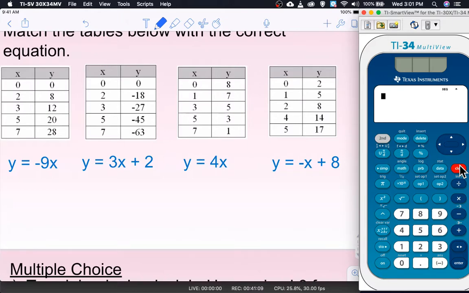So here's what I want you to do. I want you to pause the video and try to see if you can match up an equation with one of the tables, or two, or three, or four. If you get stuck, which is fine, because we've never done a problem like this before, when you've given up, hit play, and then we'll go through it together. But I want you to try it first. See how you can do.